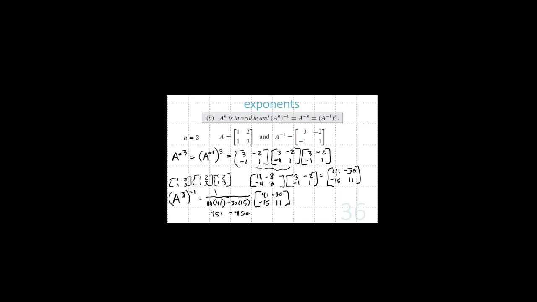If you're doing all of those 3 together, ooh, I'm running out of space. This one was 11, 30, and then 15, and then 41 would be the answer to that.